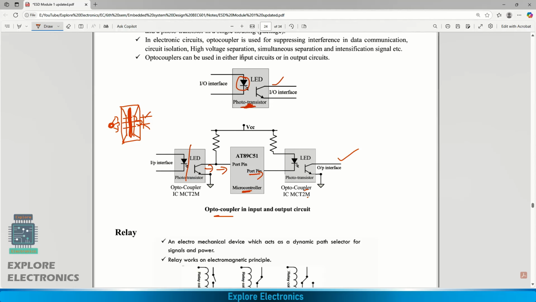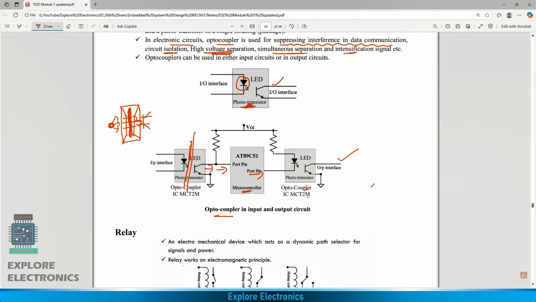So here continuous high voltage, so you can see in electronic circuits optocoupler is used for suppressing the interference in the data communication. You can separate the interference here. Means circuit isolation, high voltage separation, simultaneous separation. So these things can be done using optocoupler.